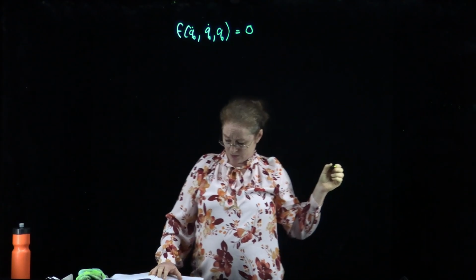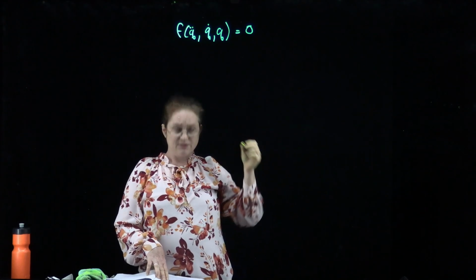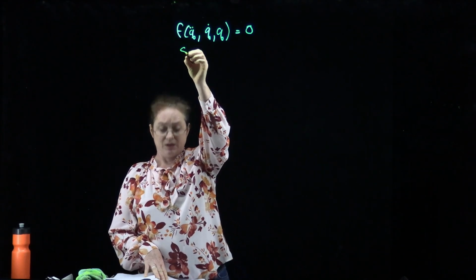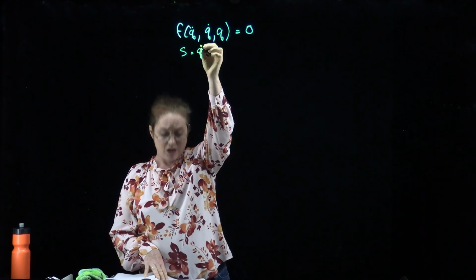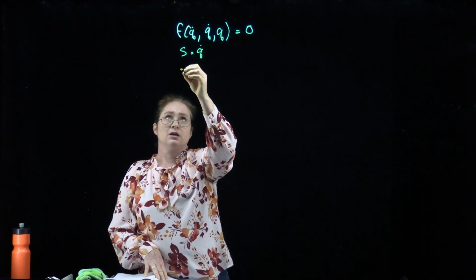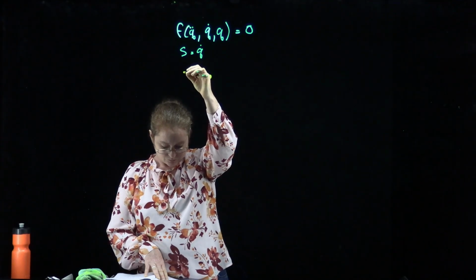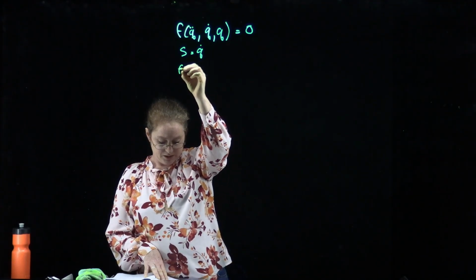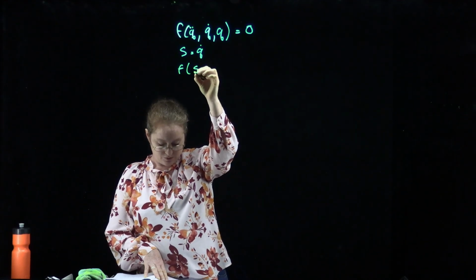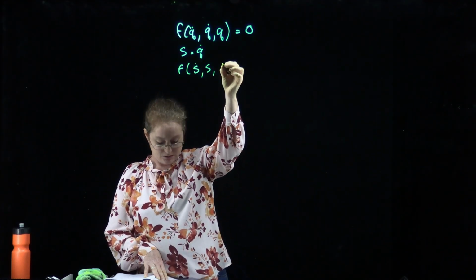And this we could in fact recast if we wanted. We could say s equals q dot, and then write this as f of s dot, s, and q.